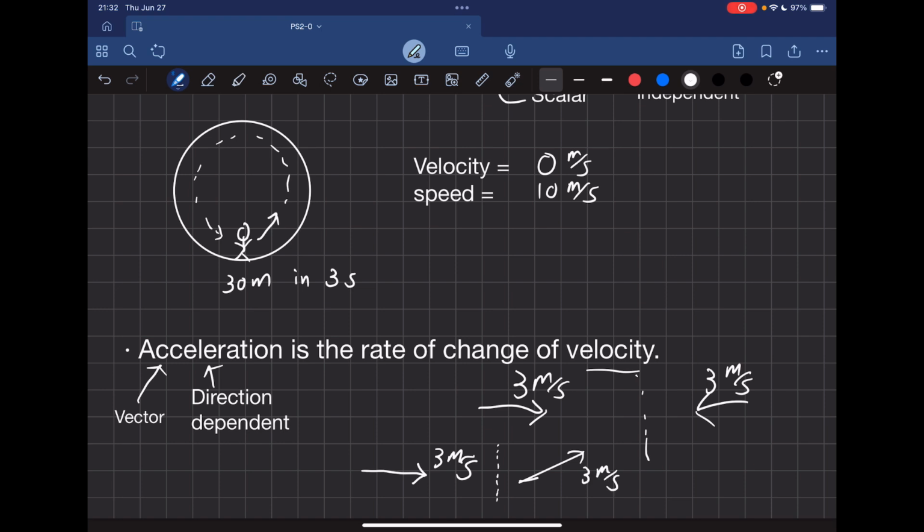Was there an acceleration? In other words, is turning accelerating? And it turns out, yes, turning is accelerating. Why? Because there's a change in the velocity. The velocity is not just the number, it's also the direction. And the direction has changed. So therefore, there is acceleration.